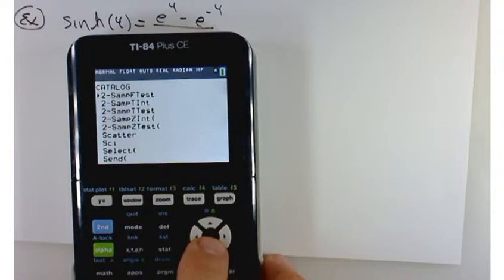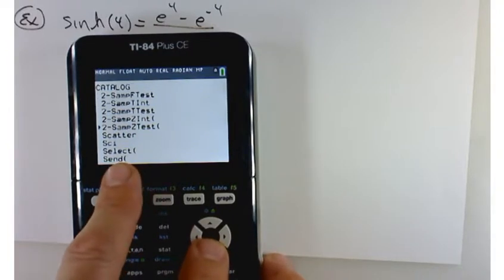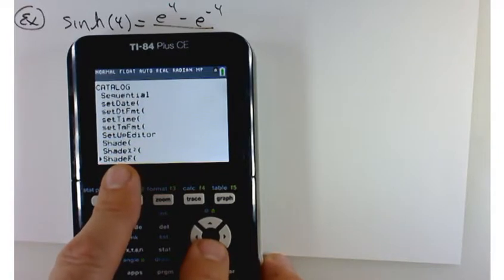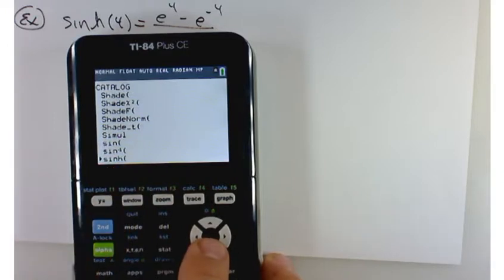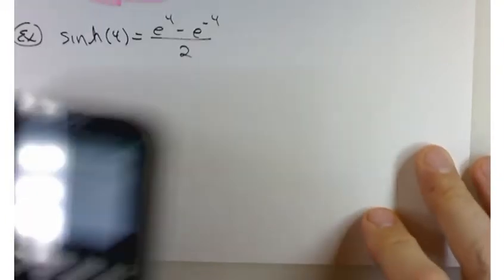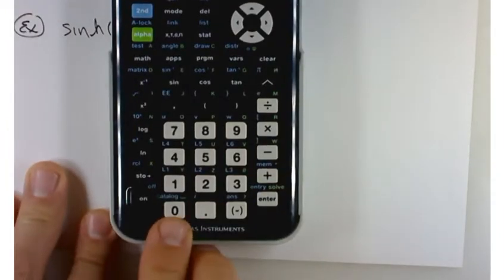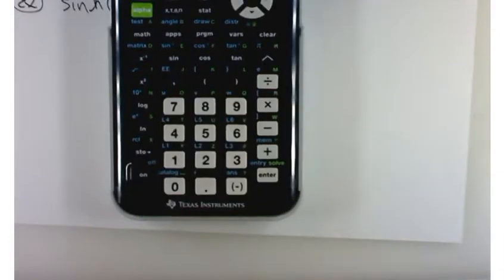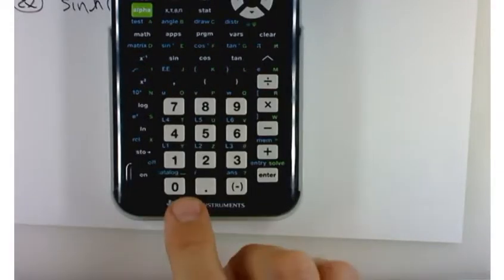You press that once, you notice it jumps down to the beginning of the S's. And let's just scroll down a little bit further until you see the hyperbolic sine. So sine, sine inverse, hyperbolic sine. There you go. Hyperbolic sine of 4. Cool. Catalog is right above the 0. So you have to hit the second button and then the 0 to get catalog.